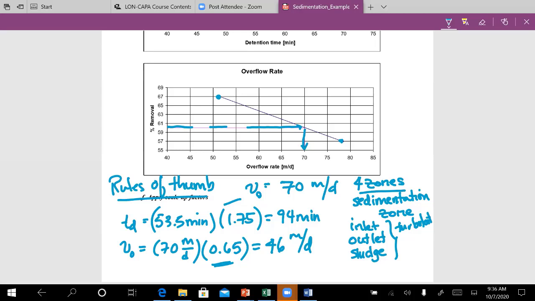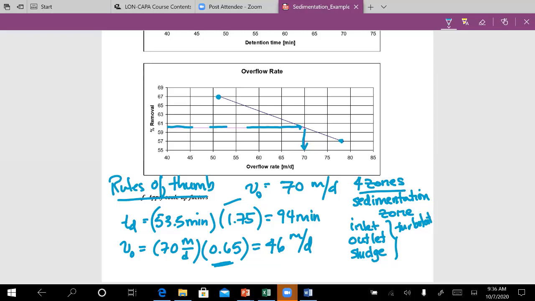Many of the recommendations provided in the textbook are really rules of thumb. They're years of experience, hundreds, thousands of these units that have been designed. Based on that, the industry comes together and says, these are the ranges you should use for detention times.